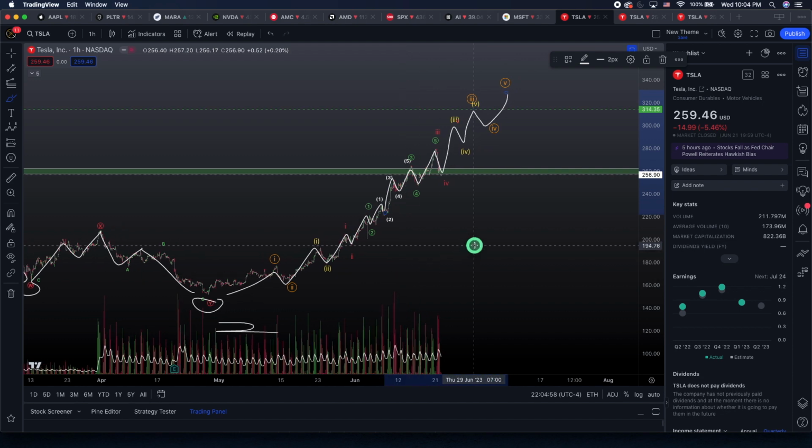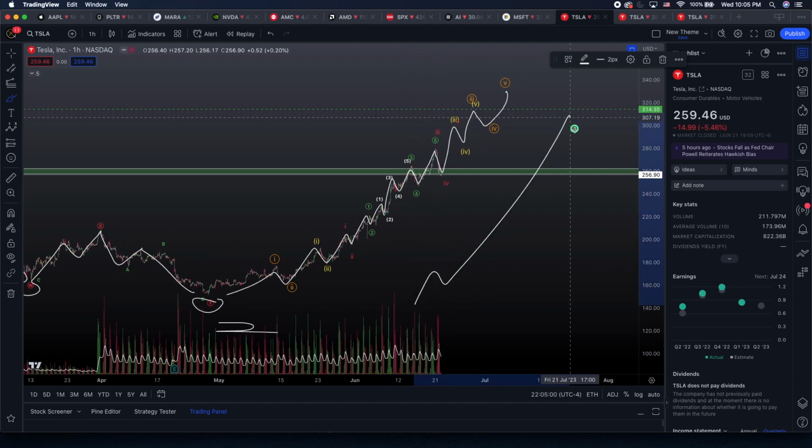If that makes sense to you guys, right? So essentially we have a 1, 2, 3, 4, 5. Third wave is made up of a 1, 2, 3, 4, 5.